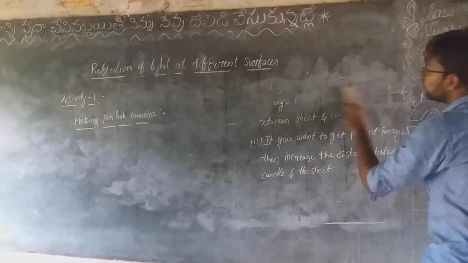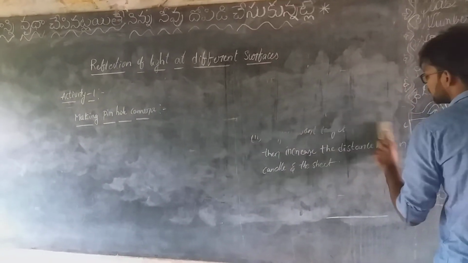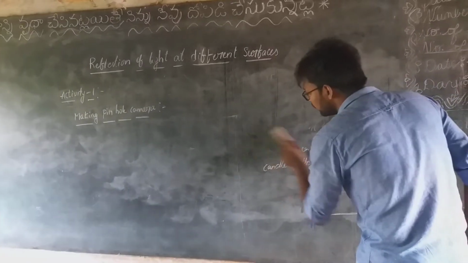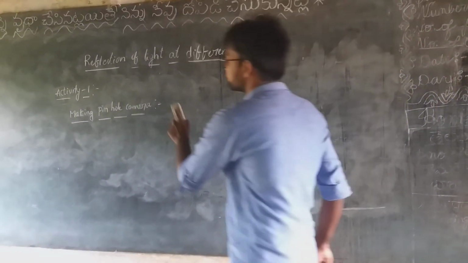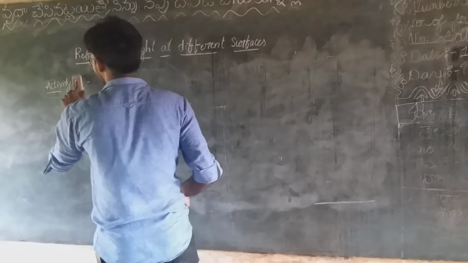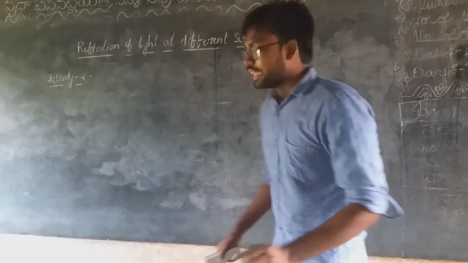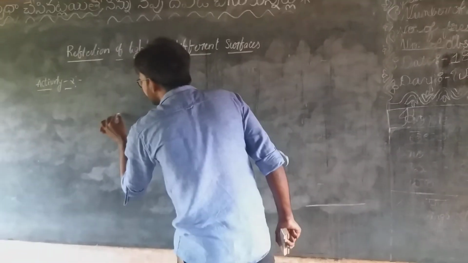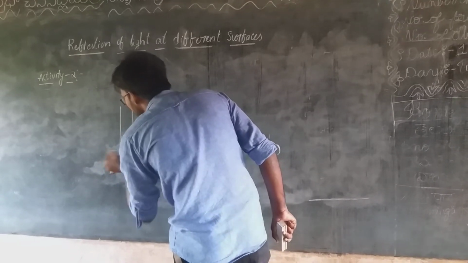which depends on activity number 2. If you understand the mathematical process based on activity number 2, then you will get how it is defined. Activity number 2, for example, 2 trees are there. This is tree 1.